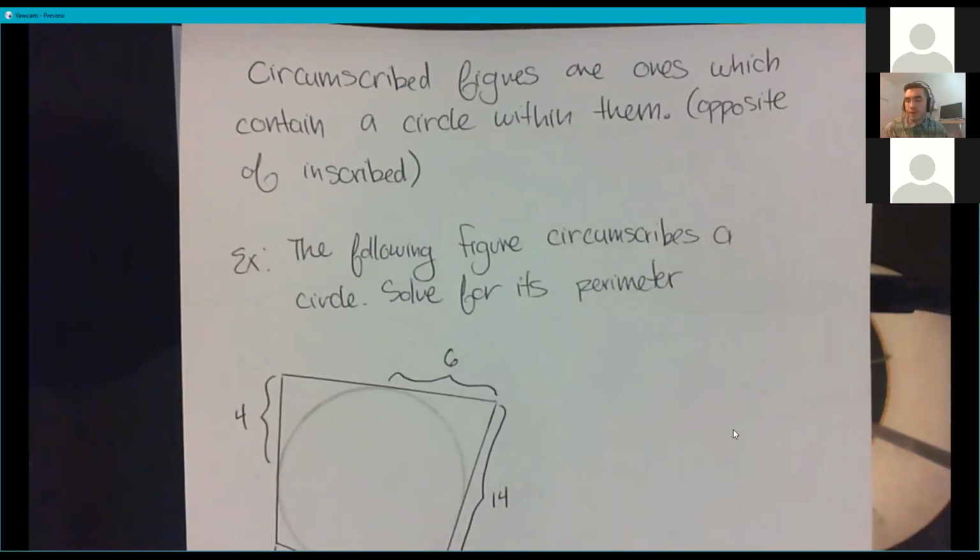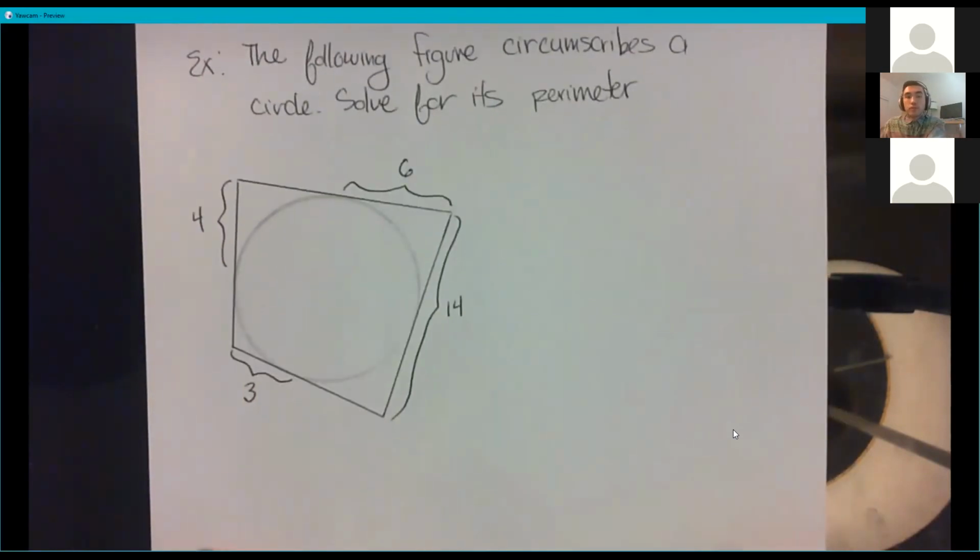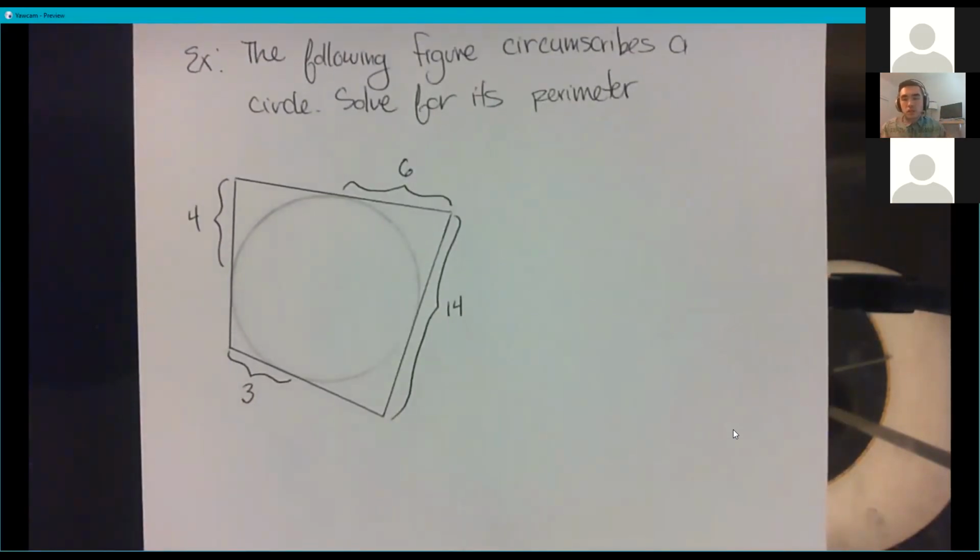Oh, I'm sorry. Can't see the whole thing. So the following figure circumscribes a circle. Please solve for the perimeter of this quadrilateral. And so, the thing that makes it a circumscription is the fact that it contains the circle completely within it. And oddly enough, there's actually enough information here to solve for this quadrilateral's entire perimeter.